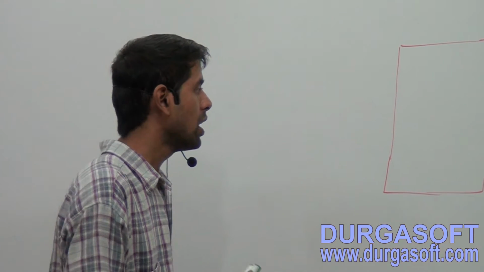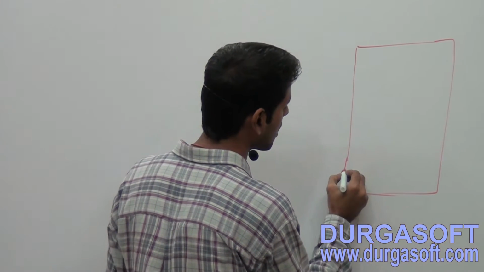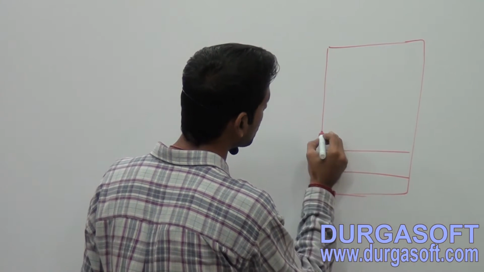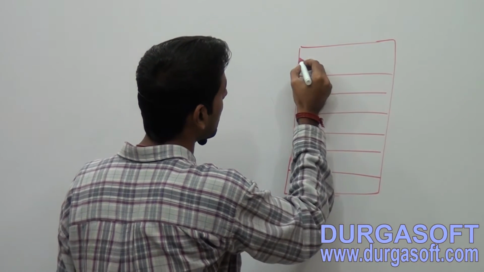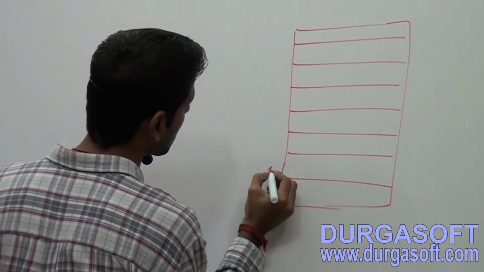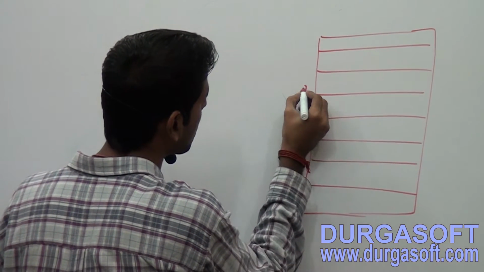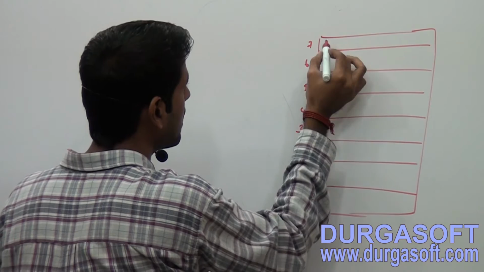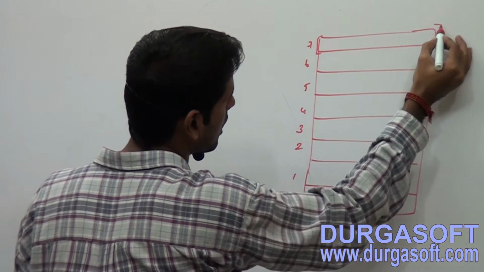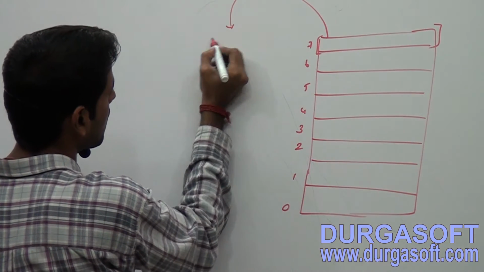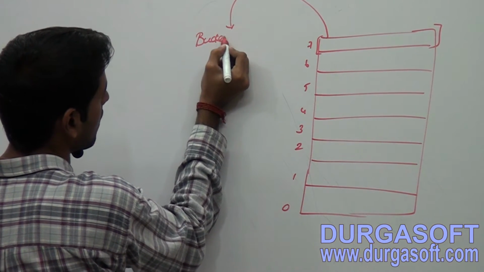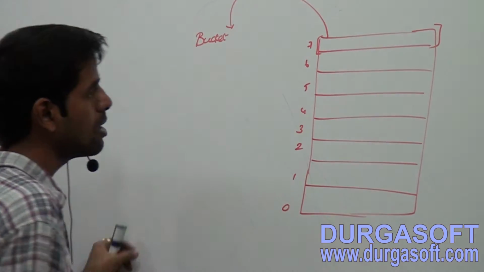Now observe, in hashing you'll have blocks. It is strictly a 2-dimension array, and each block is called a bucket.